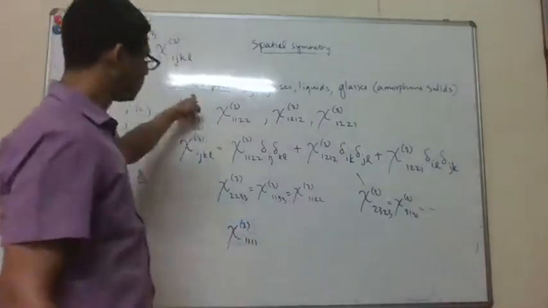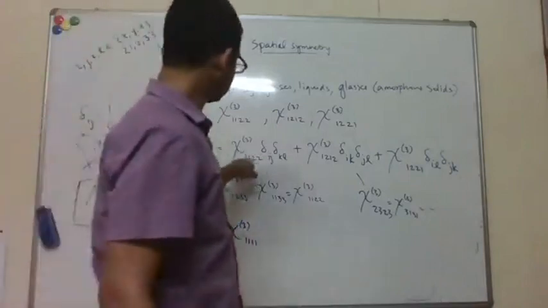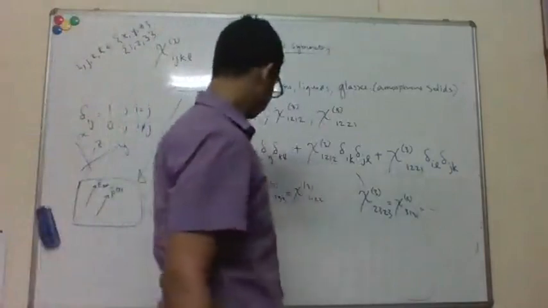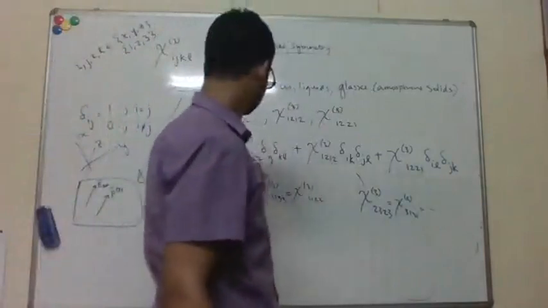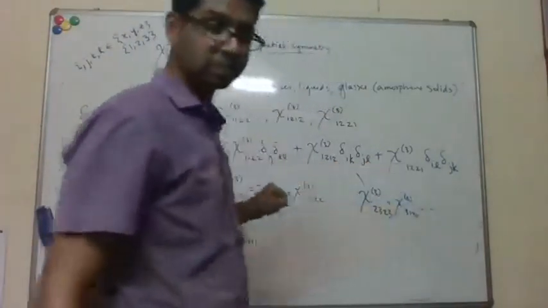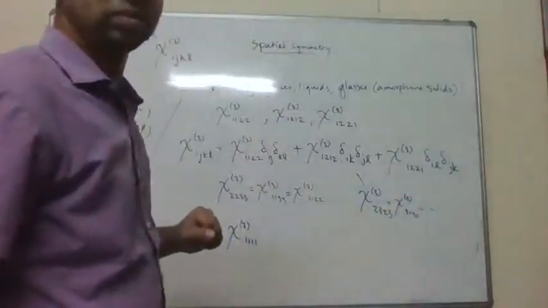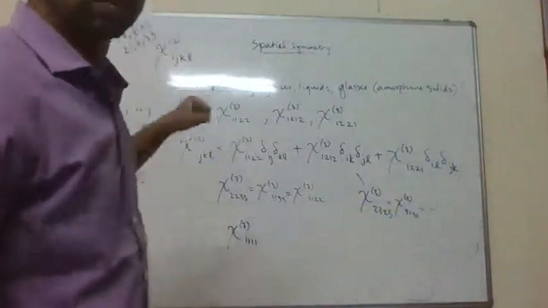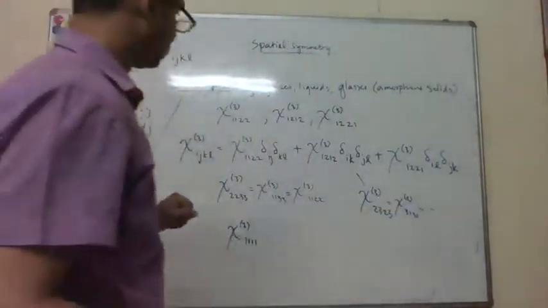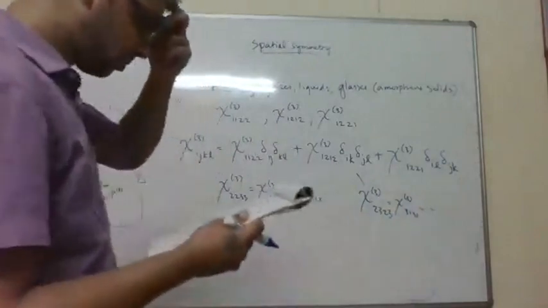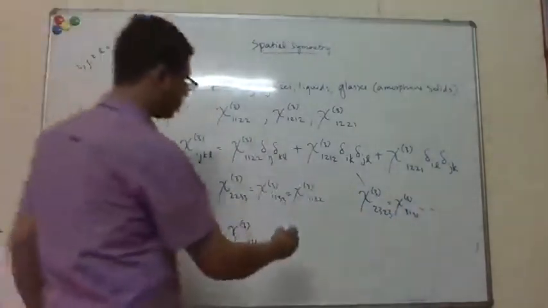But even for an isotropic material, you can actually have terms such as this, which are not diagonal terms. You can think about why.